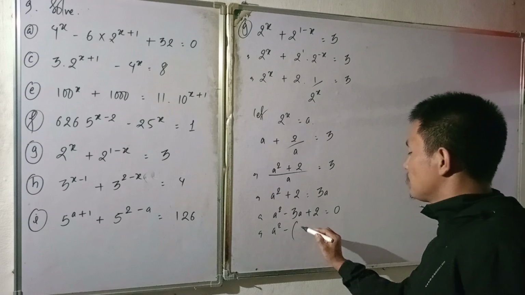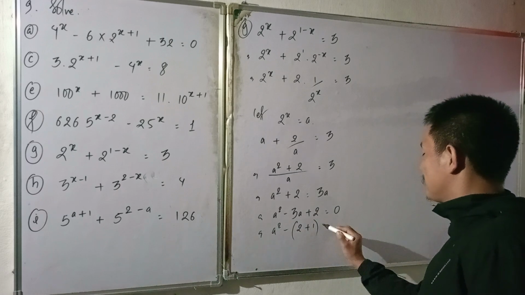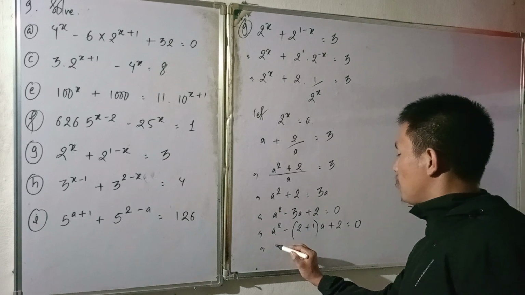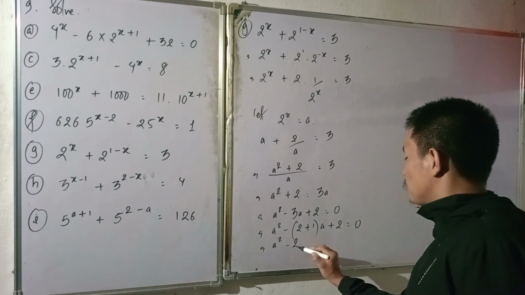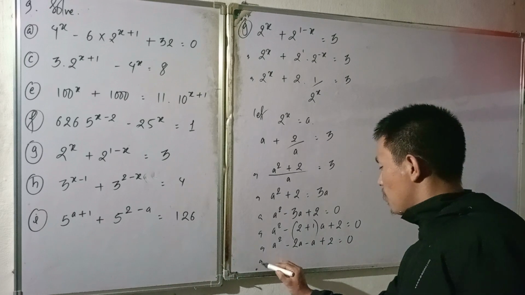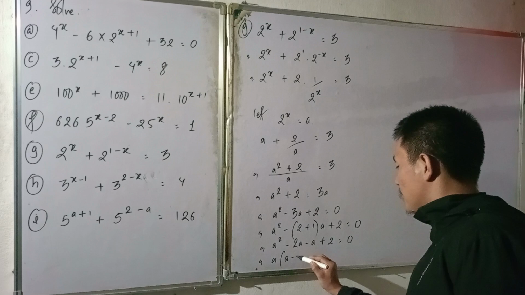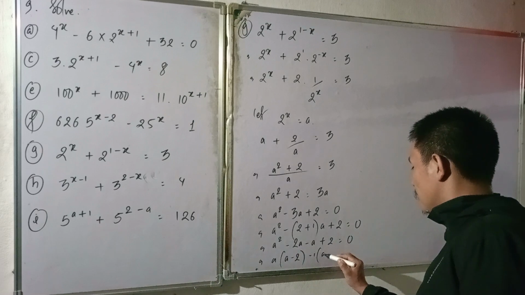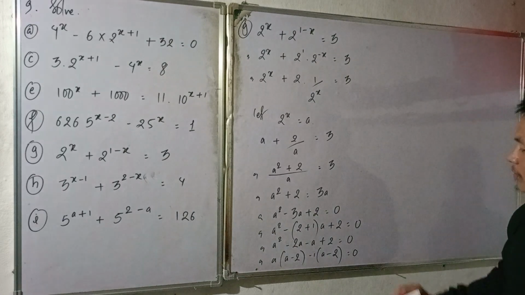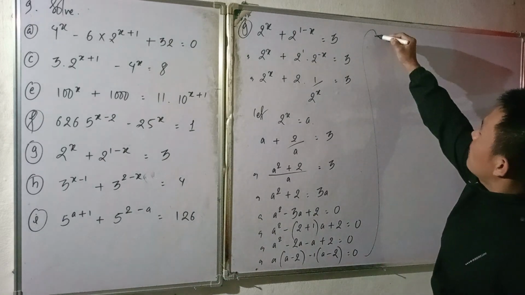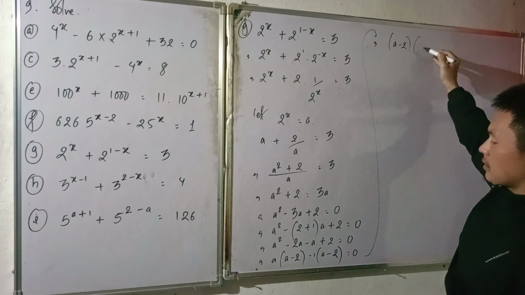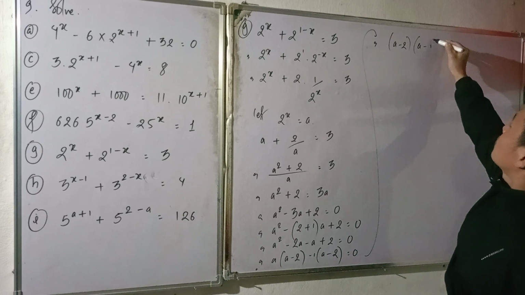A squared minus 2a minus a plus 2 is equals to 0, or a minus 2 minus 1, a minus 2 is equals to 0. Now a minus 2 take common, and then inside the bracket that will be a minus 1 equals to 0.